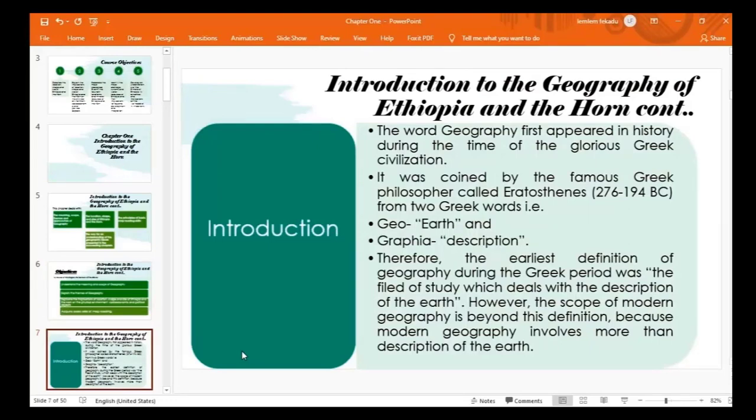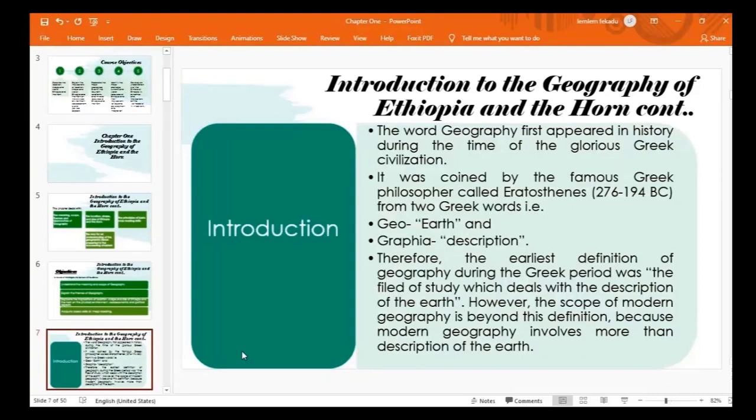What is geography? When we say geography, the name first appeared in history during the Greek civilization. In the Greek civilization, the name geography was coined by the Greek scientist or philosopher called Eratosthenes over 2,200 years ago from two words, geo, which means earth, and graphia, which means description.